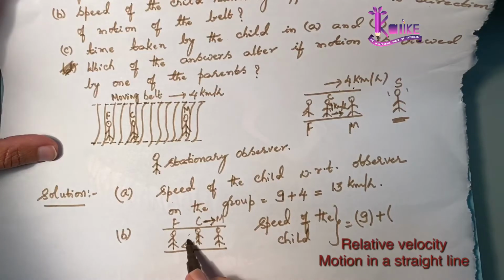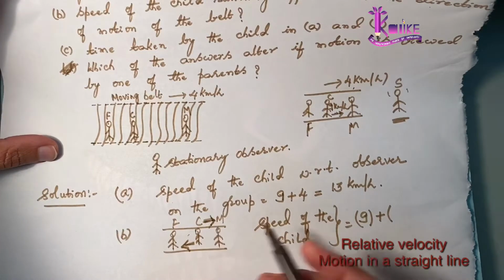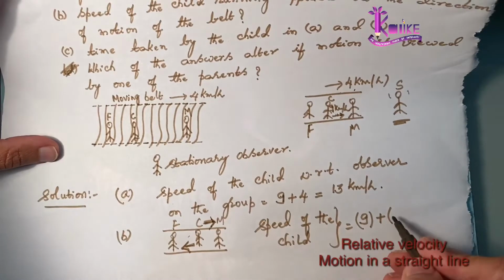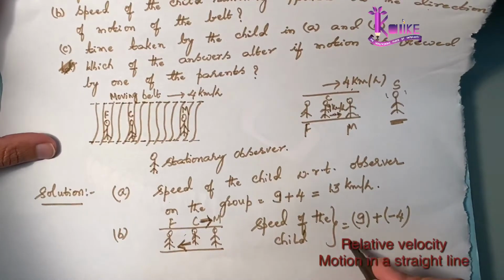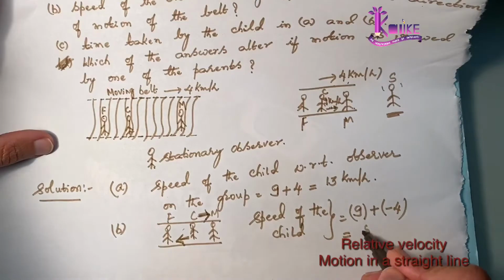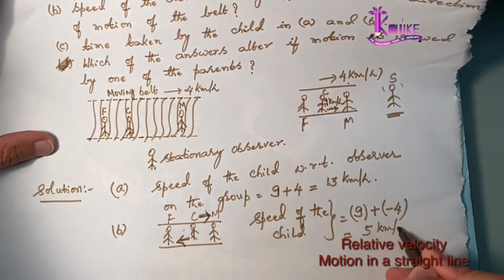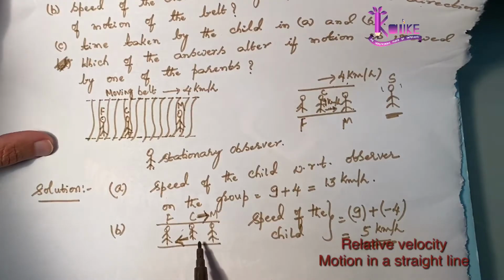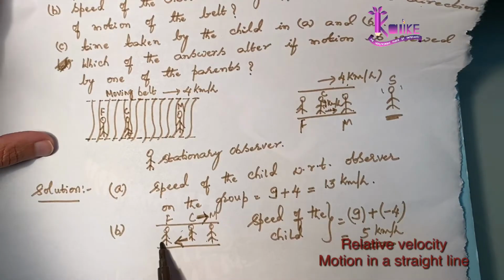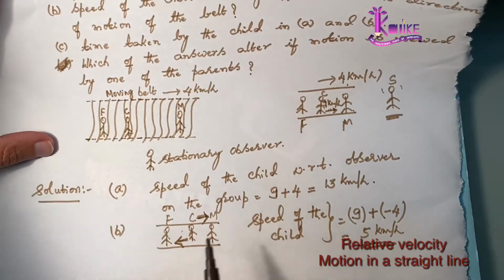I have taken the child's direction as positive, so the belt becomes -4 because they are moving in opposite directions. So the observer would now see that this child is moving with a speed of 5 km per hour when he is running in the opposite direction as earlier.